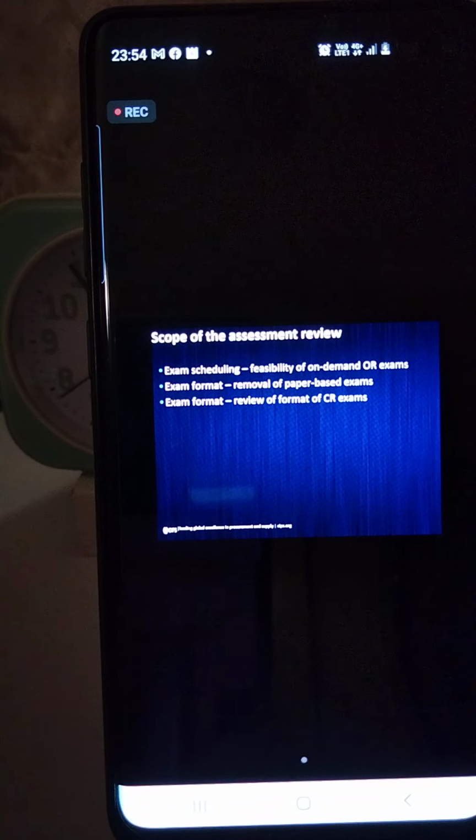So firstly, let's think about exam scheduling. So we want to think about and look at the feasibility of something called on-demand objective response exams.